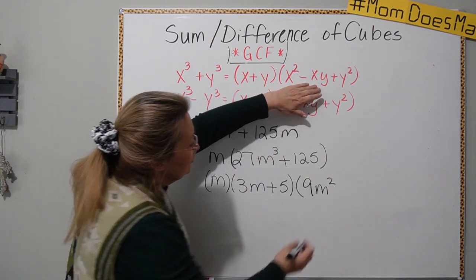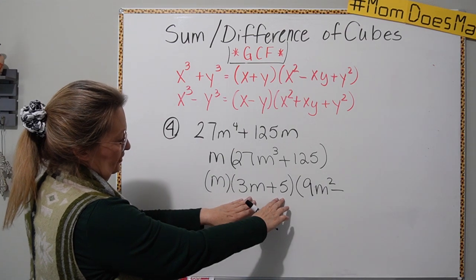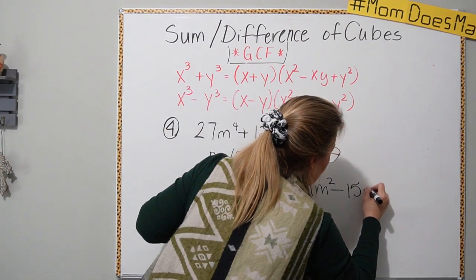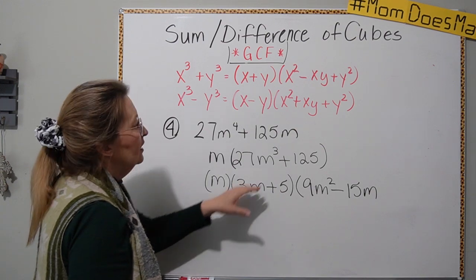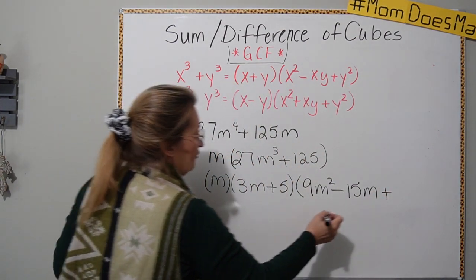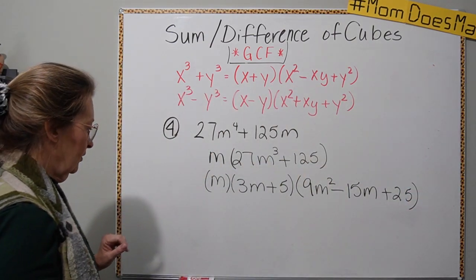All right, for my middle term, minus, I'm going to multiply the two roots together. So 3m times 5 is 15m. Then for my last term, I'm just going to square the 5, which is 25. Okay, let's look at one more.